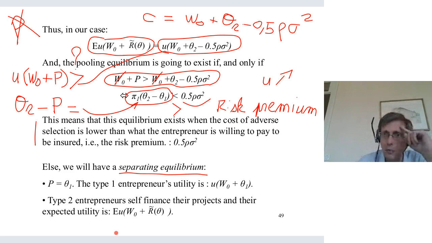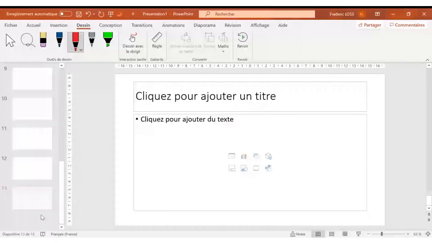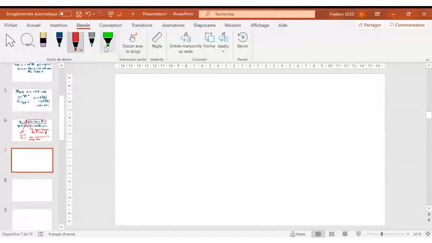But this is important. Why? Because if the market knows that only type 1 sells, consider a separating equilibrium.